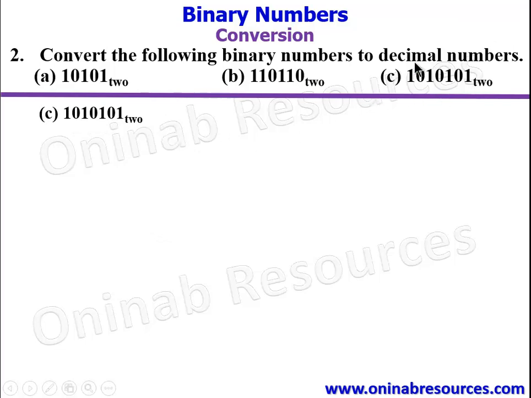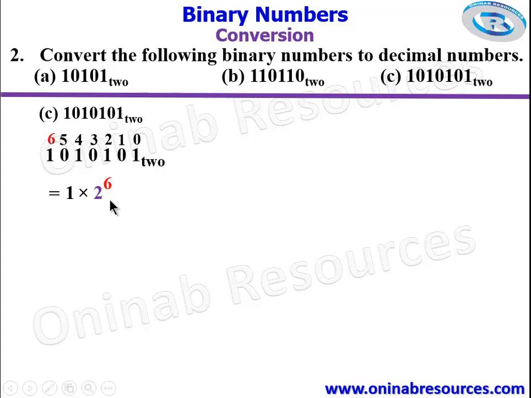1010101 in base 2 to be converted to decimal numbers. We again number the digits from the last digit starting from 0, 1, 2, 3, 4, 5, 6. So we pick the first digit, 1 times 2 raised to the power 6.